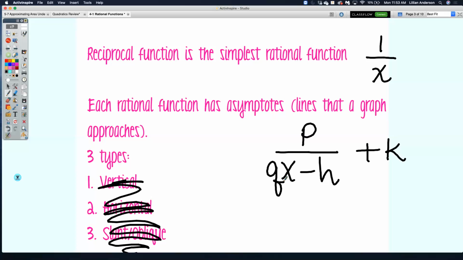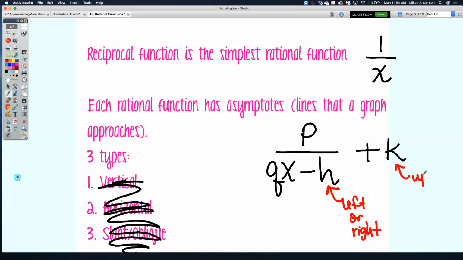Okay, we talked about transformations a while ago. They do also apply to these functions as well. Just to make sure you guys haven't forgotten that, remember this is your moving left or right. Remember, it's always the opposite. So if it's a minus a number, what does that mean? It moves to the right, okay?